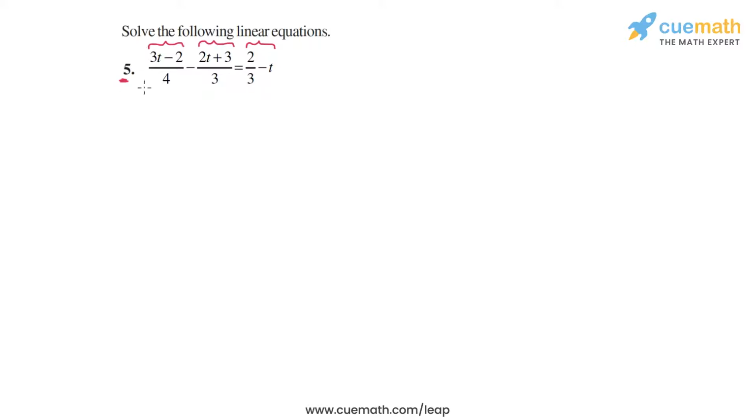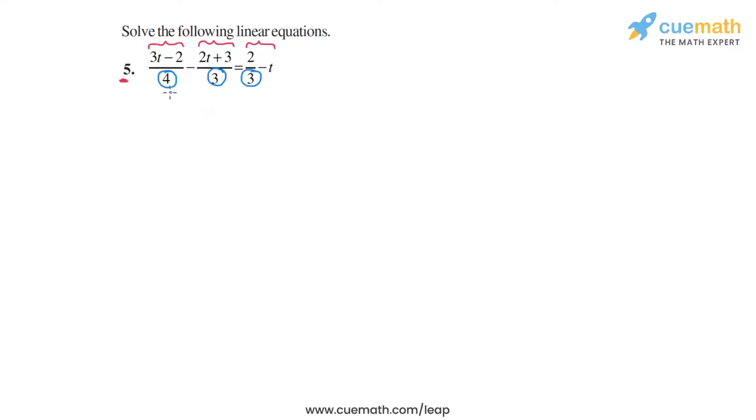It has fractional terms, and as a first step we can simplify this equation by multiplying both sides by some suitable multiplier, so that the fractional terms are no longer fractional and we have integer coefficients. So how can we do that? Well, we have this 4 and this 3 on the LHS denominators, and we have this 3 as a denominator on the RHS.